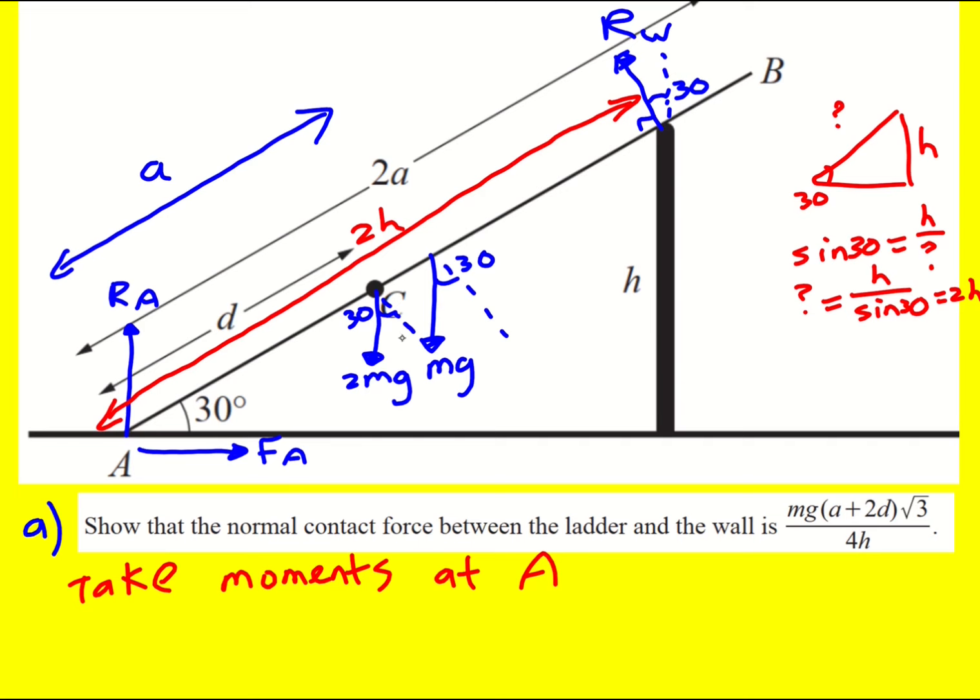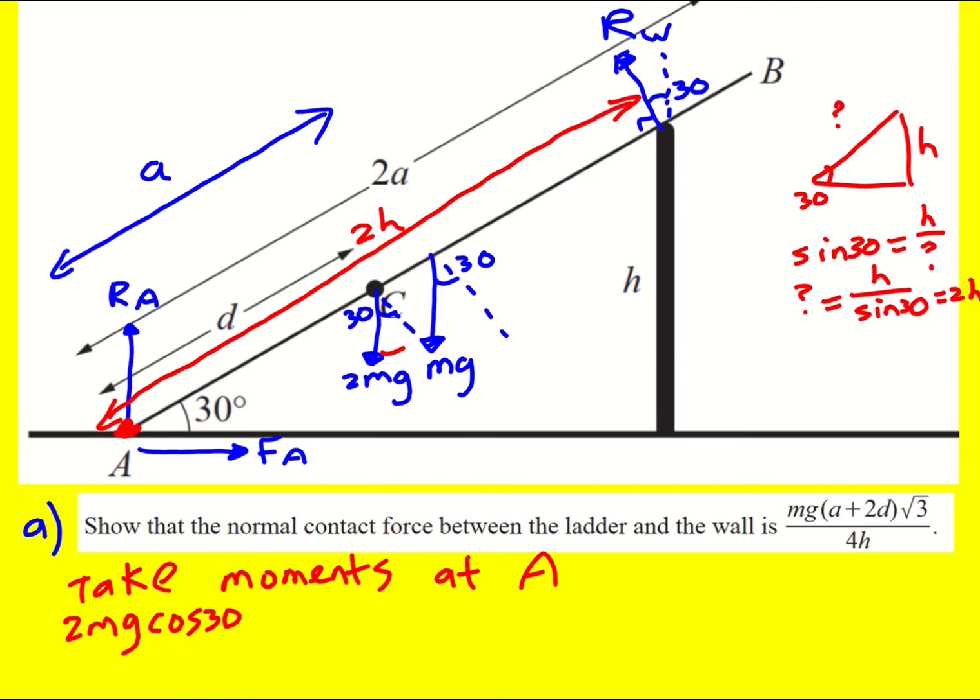So let's first of all look at the clockwise moments. So let's say this is fixed here. The two weights are going to try to bring the ladder down this way, i.e. rotate it clockwise. So I'm going to get 2mg, but the perpendicular component is then going to be cos 30.